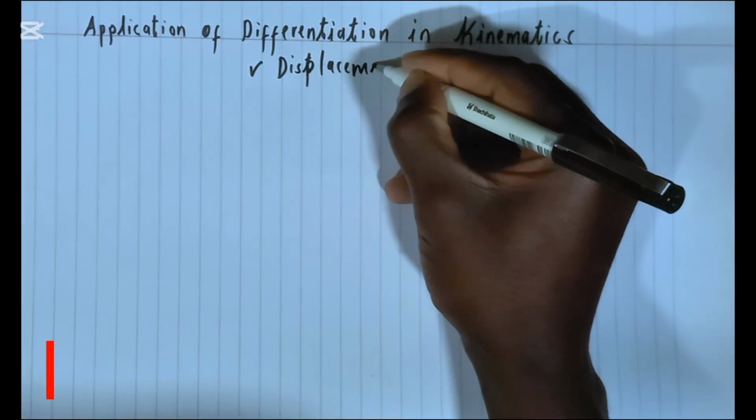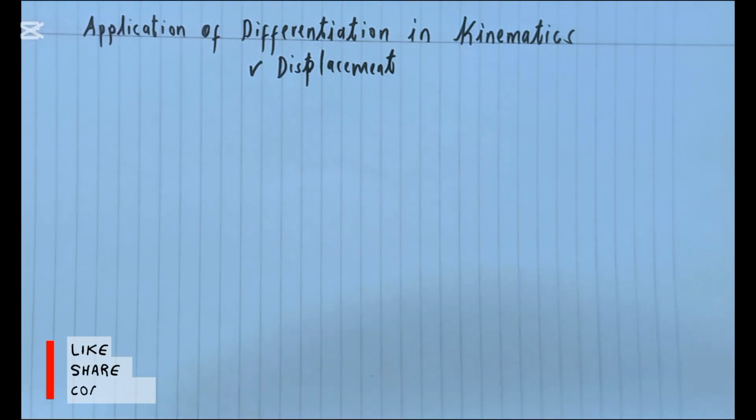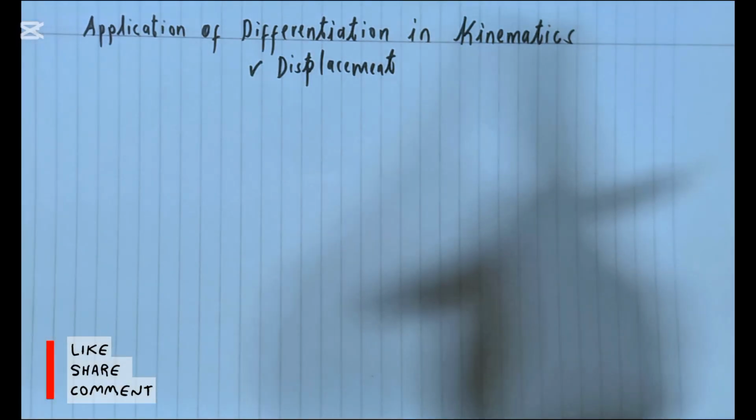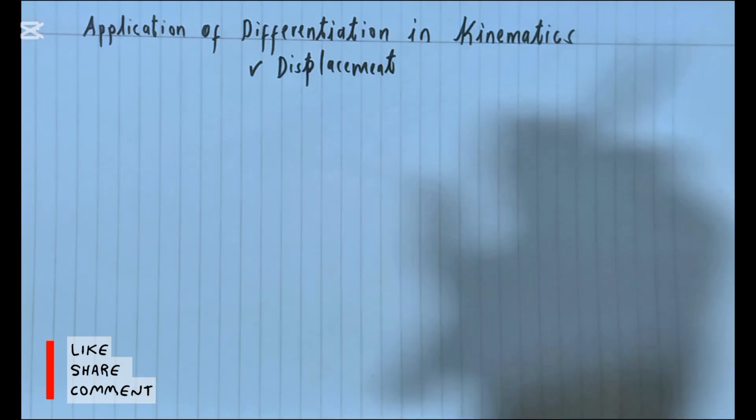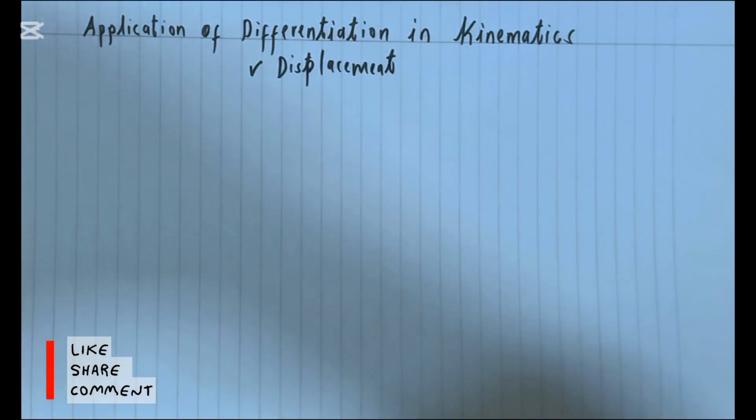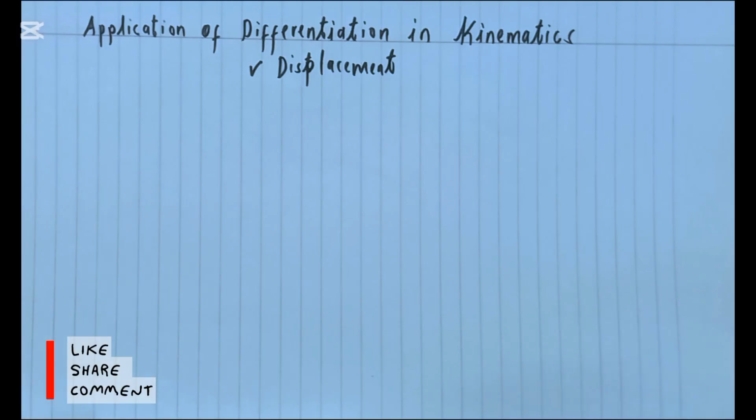So displacement basically is a polynomial that usually describes how distance changes, all right, how distance changes at different times when there is motion in an object. So usually it is given as a function of time, as a function of time because distance is measured over time.